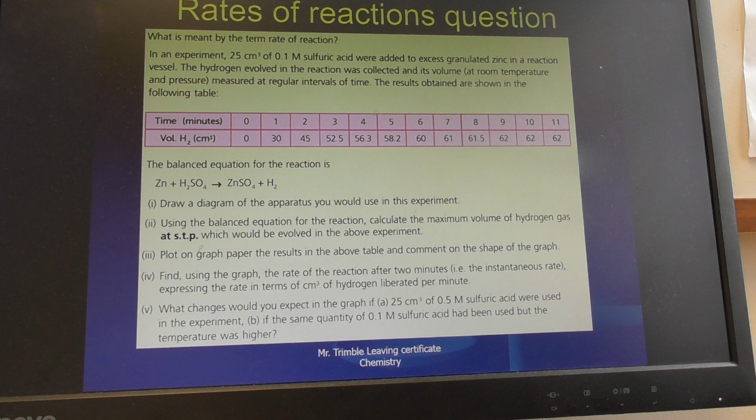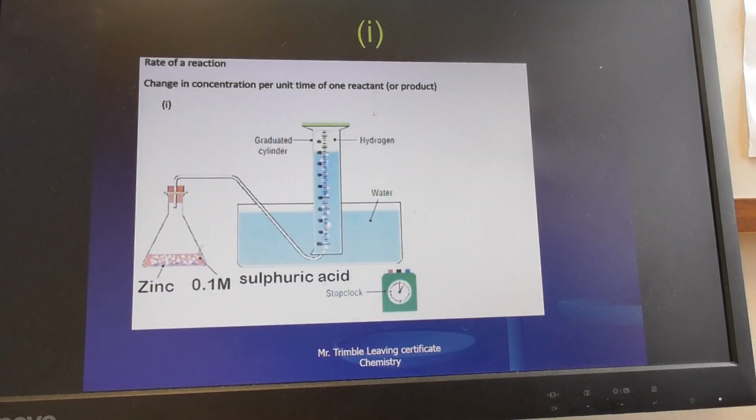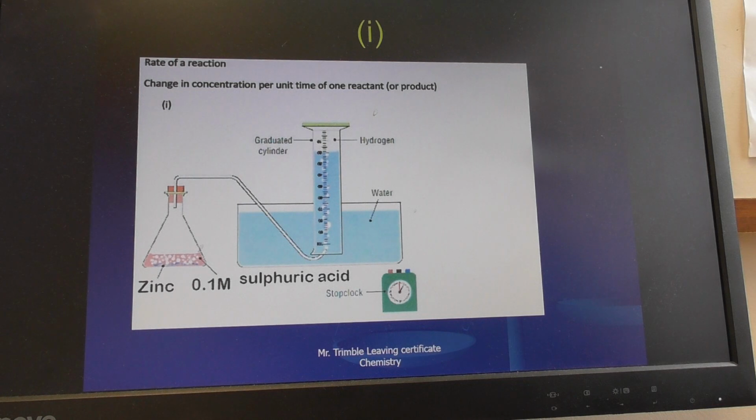Now I draw a piece of apparatus that you use to collect this. The piece of apparatus we're talking about is just downward displacement of water. You draw something like this. You have the zinc, and the 0.1 molar sulfuric acid solution, and the two of those are mixed together.